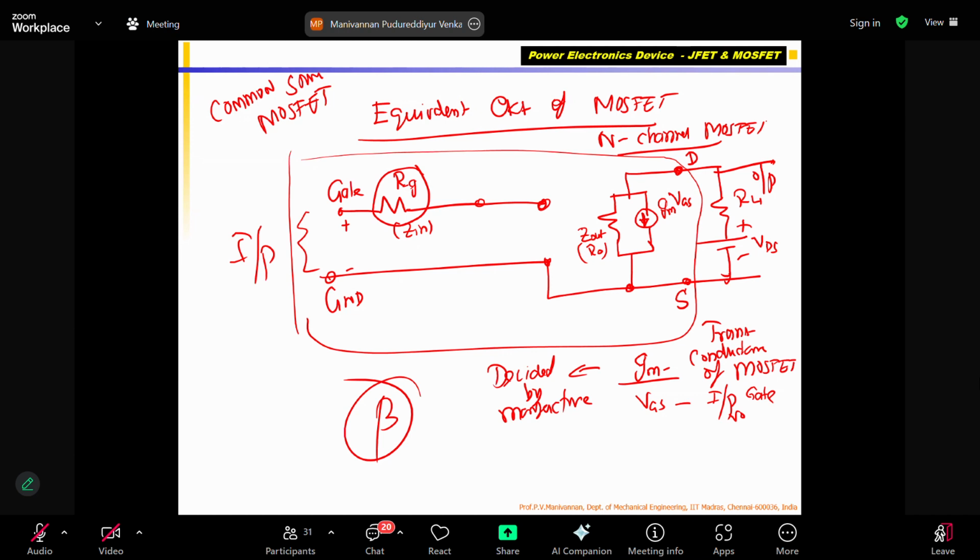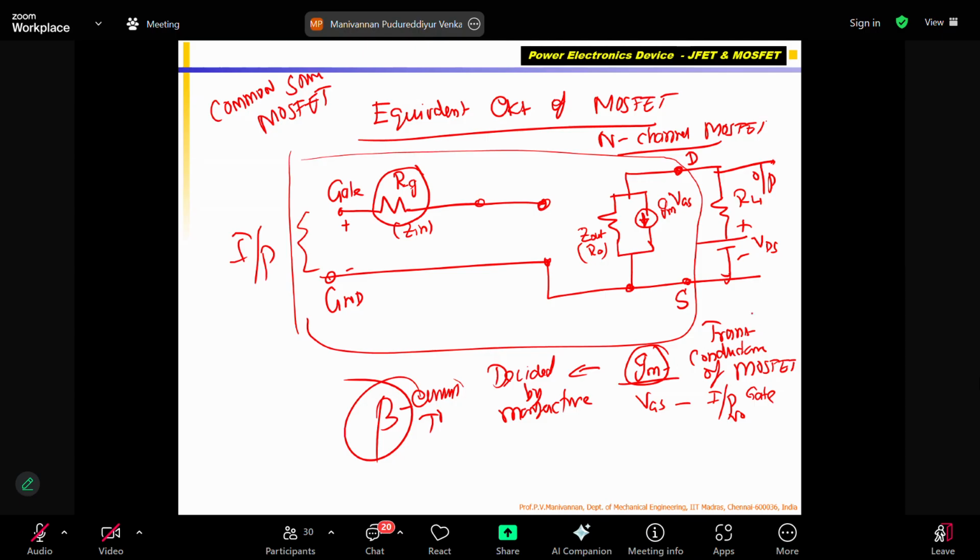How many impurity atoms should be added in the base, collector and emitter regions is decided theoretically, then they actually deposit and verify. Similarly, in a MOSFET or FET, gm is called the current gain. It decides how much current IDS flows through the load, and that is decided by the transconductance.